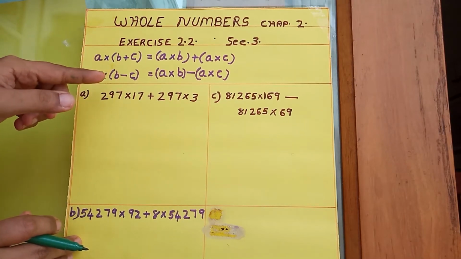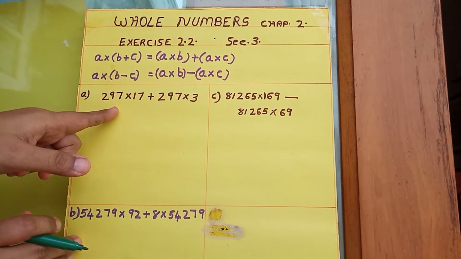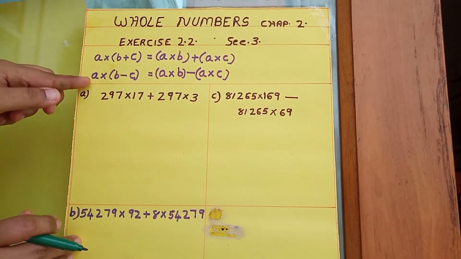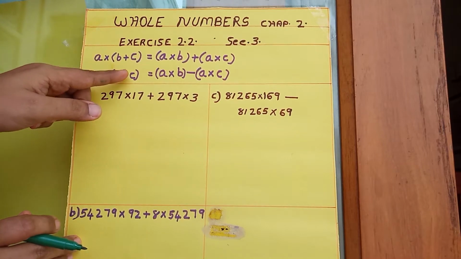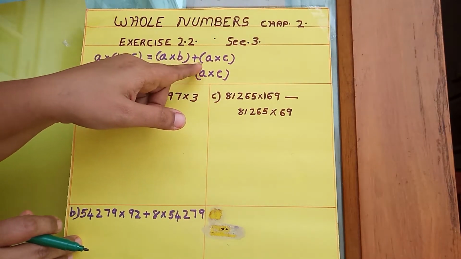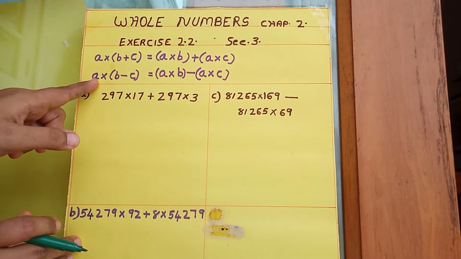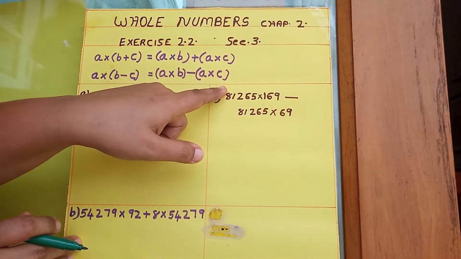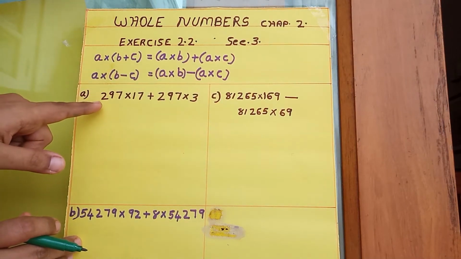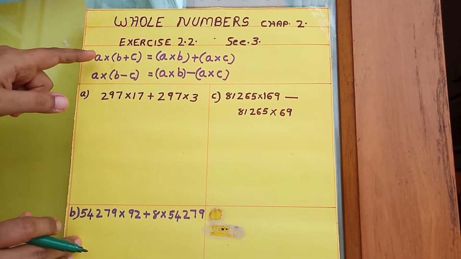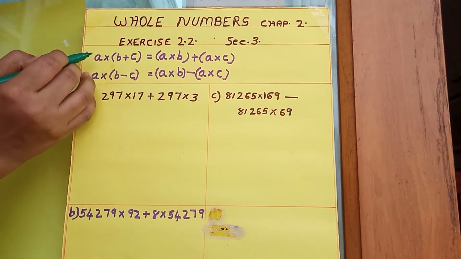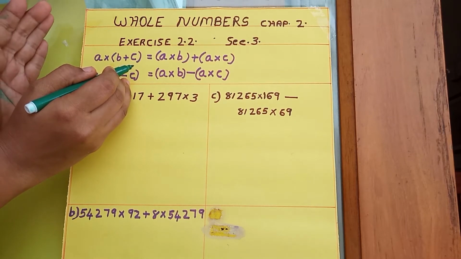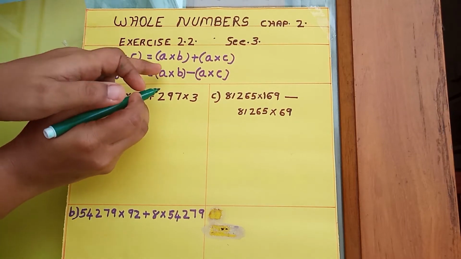If we apply a formula here, the calculation will become so simple. For that we studied two formulas here. A into B plus C equal to A into B plus A into C, and one more formula: A into B minus C equal to A into B minus A into C. See, compare the LHS, the left hand side of this formula, with the right hand side.